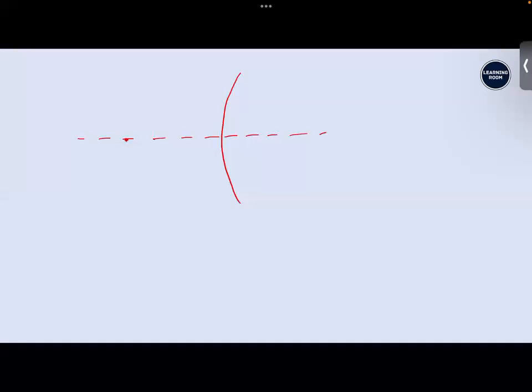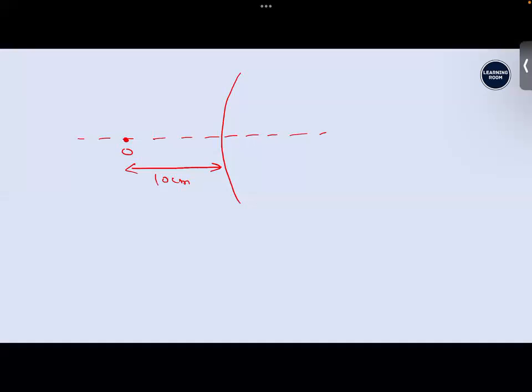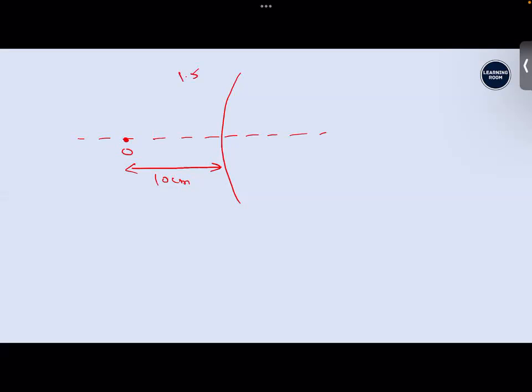Let's say there is an object placed here, which is at a distance of 10 centimeter. Here the refractive index is 1.5. Here it is 1.2. The radius of curvature of the surface is 12 centimeter.